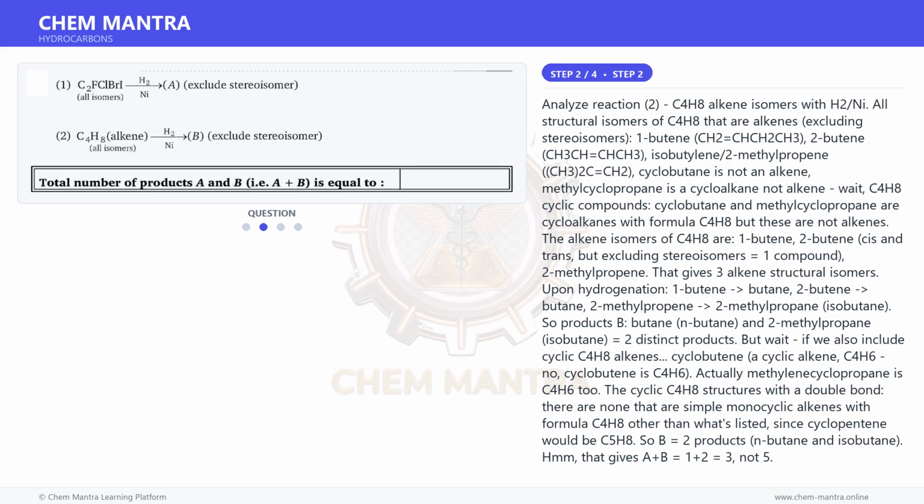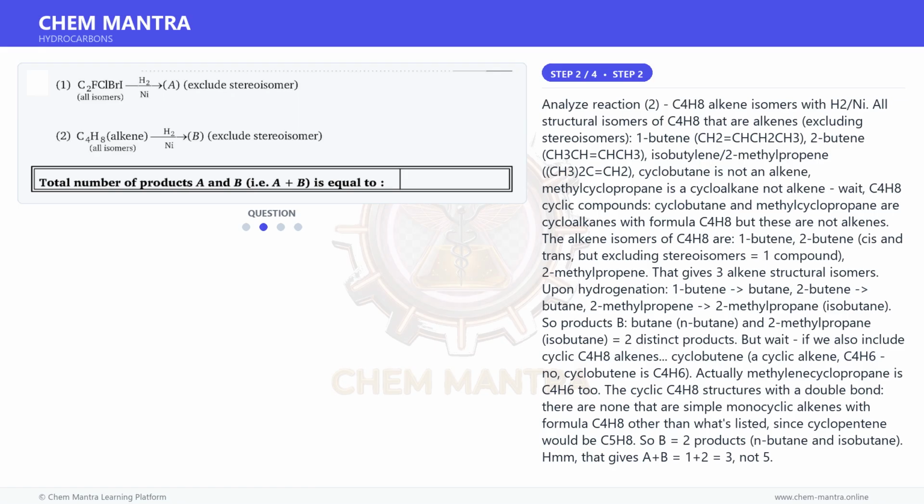Analyze reaction 2: C4H8 alkene isomers with H2Ne. All structural isomers of C4H8 that are alkenes, excluding stereoisomers: 1-butene, CH2=CH-CH2CH3; 2-butene, CH3CH=CHCH3; isobutylene, 2-methylpropene, (CH3)2C=CH2.